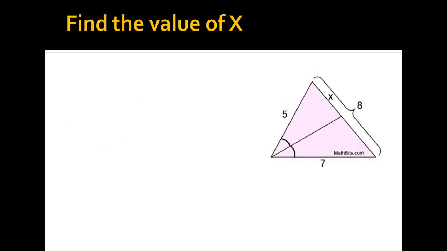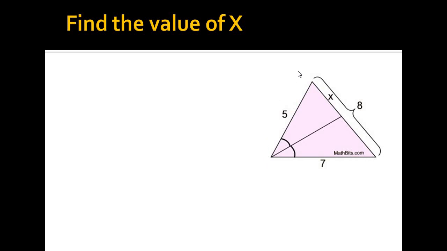Let's see another example. Here also we have an application on theorem 2, the angle bisector theorem. We have a triangle and we have a bisector here, and these two angles are equal in measure. So we can use here our theorem. So which sides are proportional here?